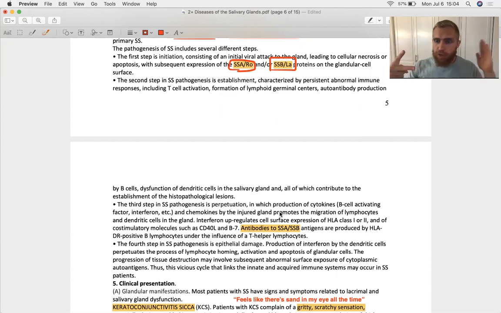Then step 2 is that these antibodies bind to your healthy tissues, your glandular tissues. Then step 3 is all these lymphocytes follow the chemotactic antibodies. And then step 4 is the lymphocytes just blow everything up. The epithelium gets damaged, it's bloody, it's screaming, it's a war zone, there's fires, explosions, tanks and bombers, and the epithelium multiplies, and that's how you get the obstruction, the blockage.